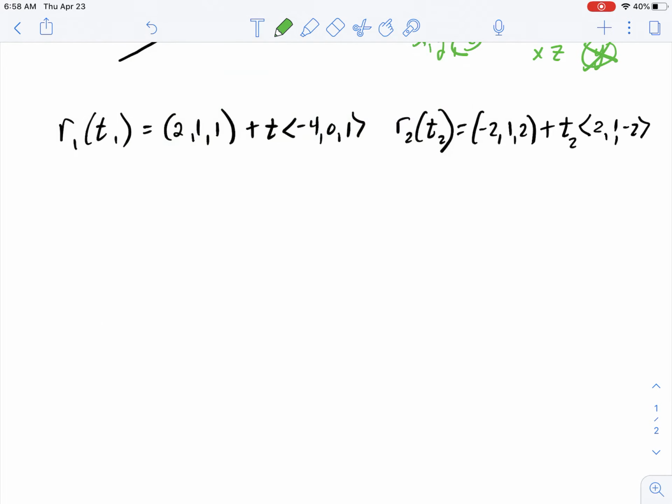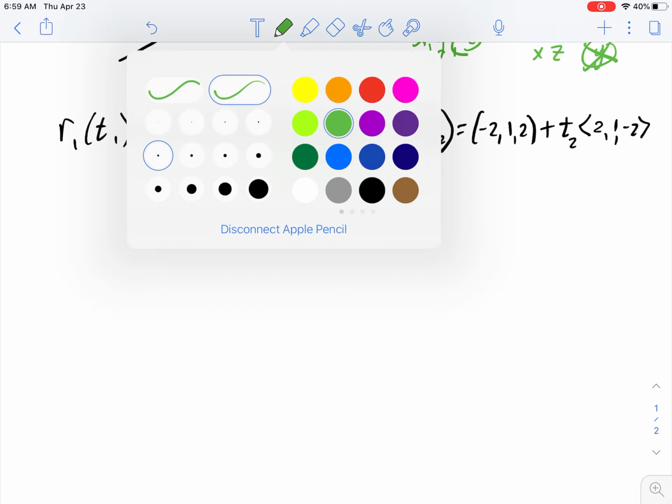Now again, like I said, you want to maybe do a quick check and look at your slope. So if you take 2, 1, negative 2, you can see that they're not the same right off the bat.